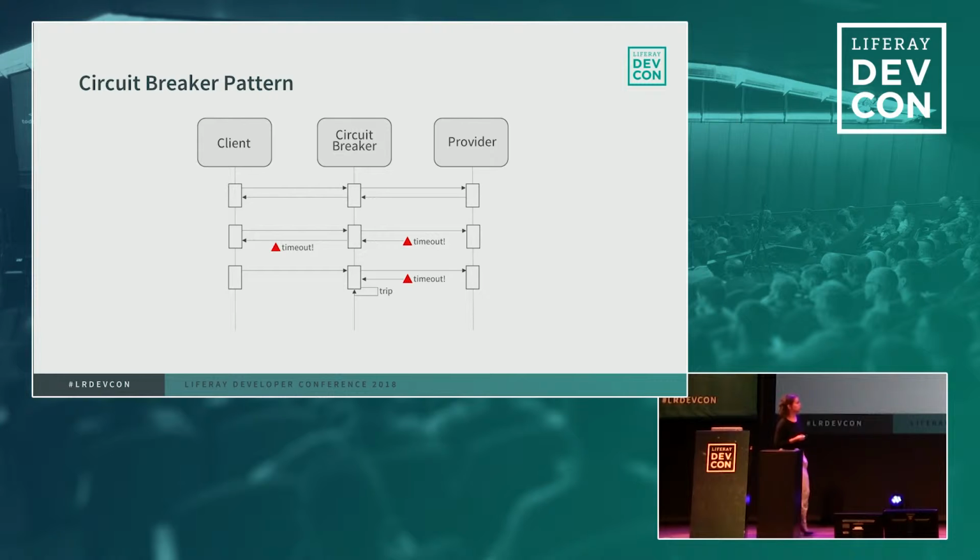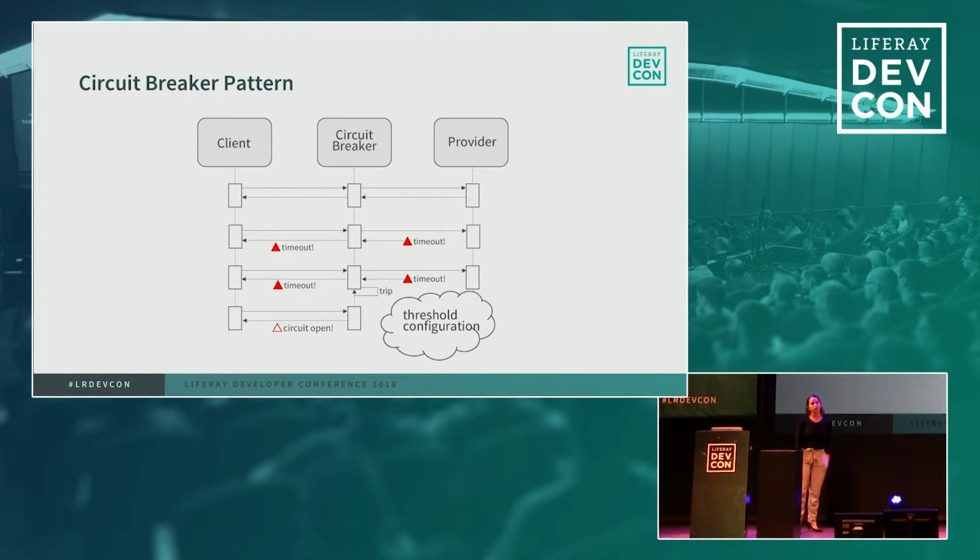It's based on a threshold to open the circuit, and on the next request, Circuit Breaker will just respond directly to the user without passing anything to the provider because it's not working. It's important to mention that you need to configure this because not all errors should open the circuit. So it's based on a lot of configuration to open or not.